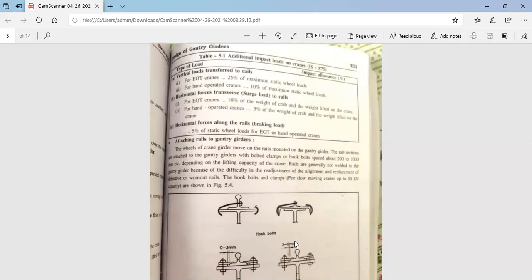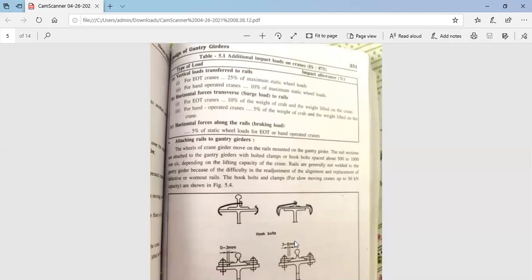Second is the horizontal force transferred, also known as surge load, to the rails: for EOT cranes, 10% of the weight of the crab and weight lifted on the crane; for hand-operated cranes, 5% of the weight of the crab and the weight lifted on the crane. And last is the horizontal force along the rails, also known as braking load: 5% of static wheel load for EOT or hand-operated cranes.